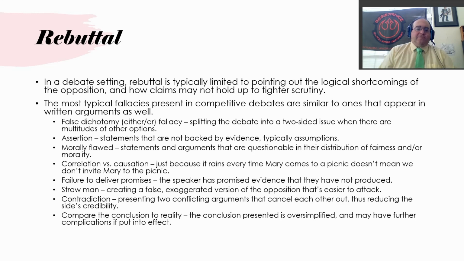Then we have the contradiction fallacy, presenting two conflicting arguments that cancel each other out, thus reducing the side's credibility. This is especially present in competitive debate, when you have multiple debaters and sometimes they don't coordinate well enough on their arguments, so one person presents a claim, and then the second person presents a claim that actually directly conflicts with that first claim.